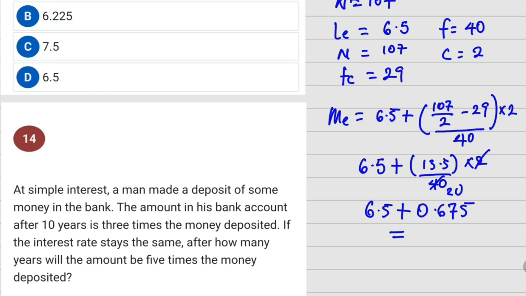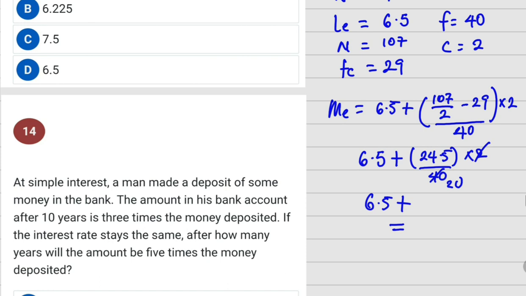Okay, I think there's a mistake somewhere. I think this is not 7.5, and this answer is not 13.5. I think it should be 24.5. So by the time I divide 24.5 over 20, I'm going to have 1.225.